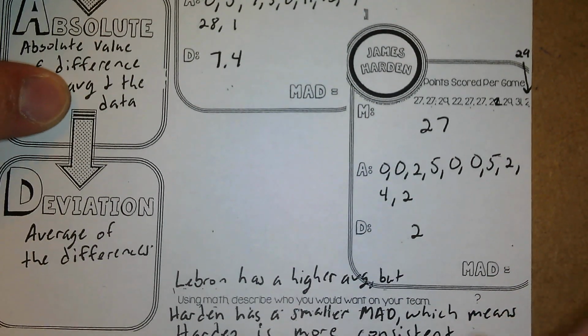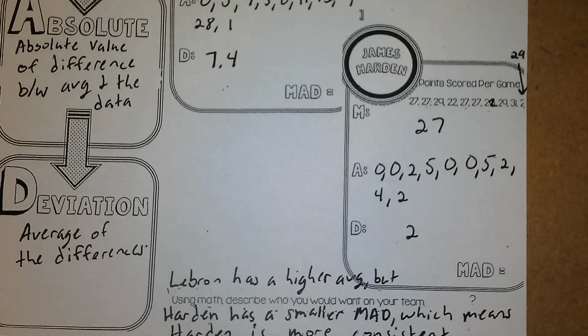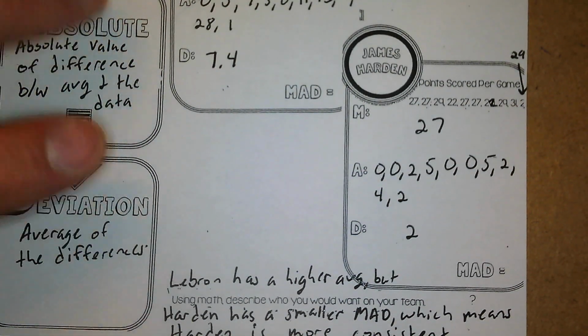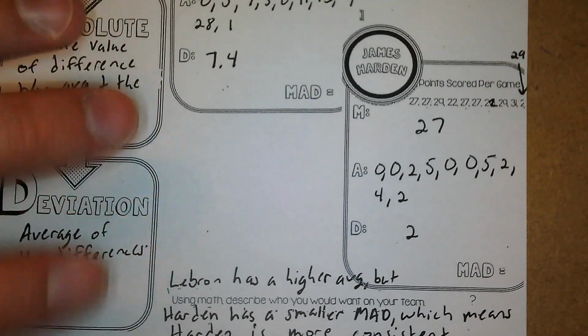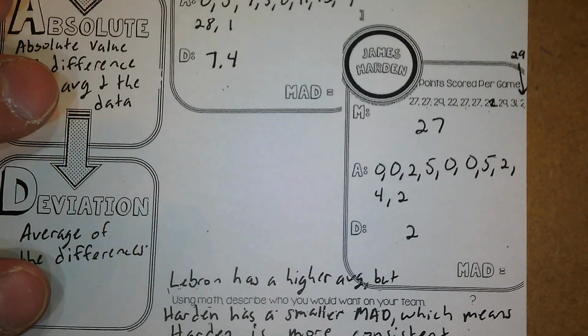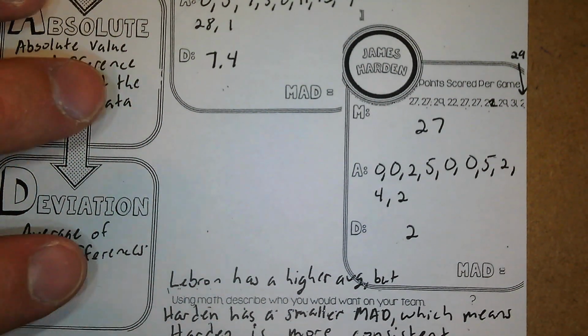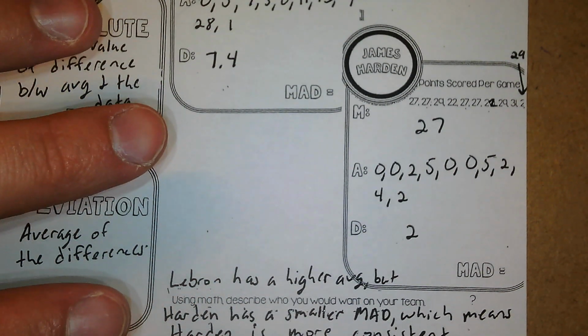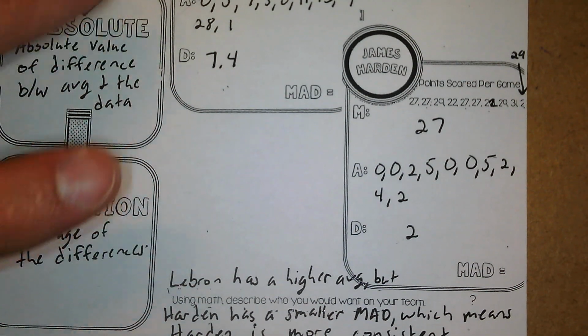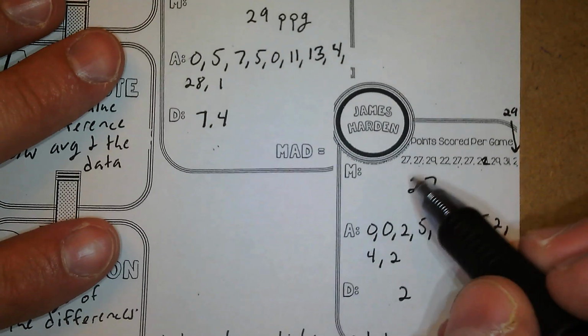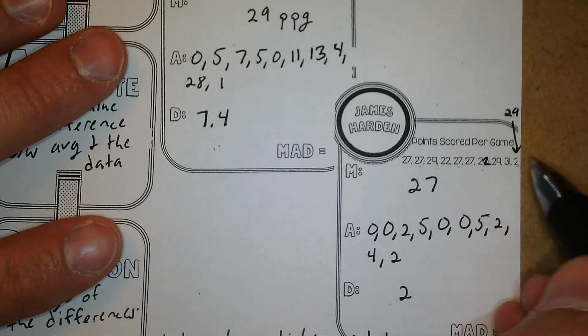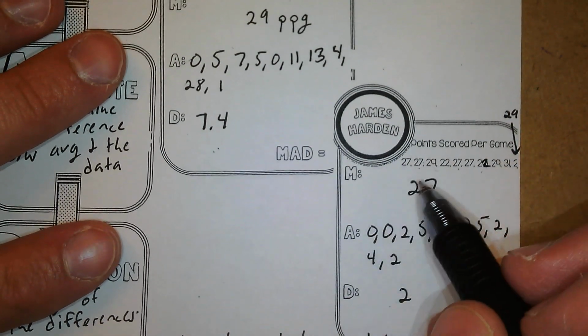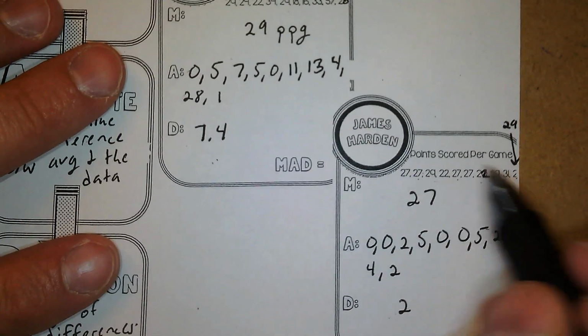It doesn't matter whether or not you agree or disagree with that statement. We're just using the data that we have. From these 10 games, Harden had a more consistent average score of 27 than LeBron James. We can notice that because he had a pretty tightly knit group of numbers. There wasn't much difference between them.